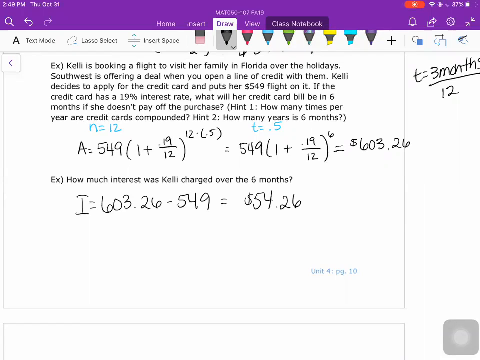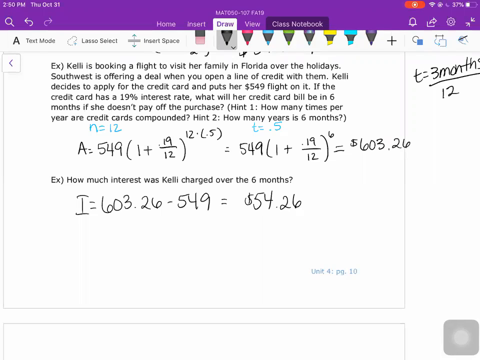So the fee for me borrowing this money for a period of 6 months is $54.26. That's crazy, isn't it? Which is exactly why it's so easy to get into credit card debt, because of that compounding of the interest.